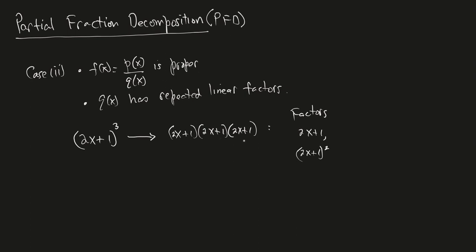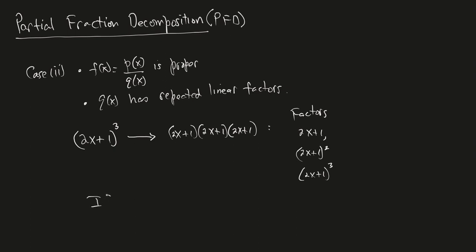Because it's a factor in the sense that this expression can evenly divide this expression. And then, of course, 2x plus 1 cubed, all three together, could evenly divide it, right? So with this in mind, it gives us a sense of what to do in general when you have a factor that's repeated with a certain multiplicity, right? So let's write down the general rule.